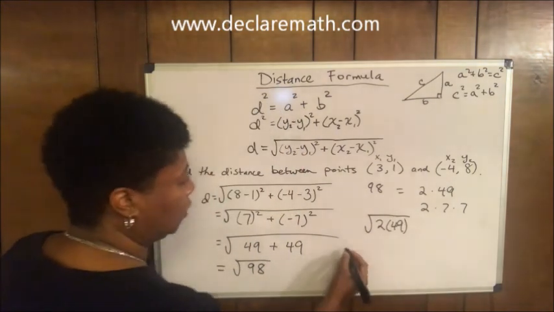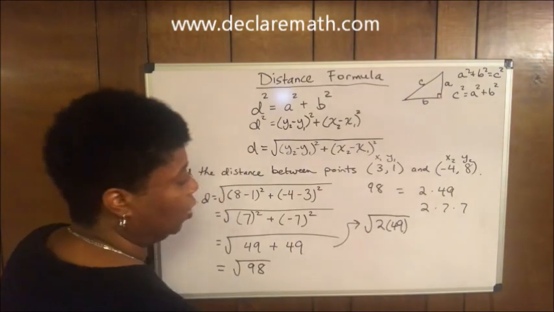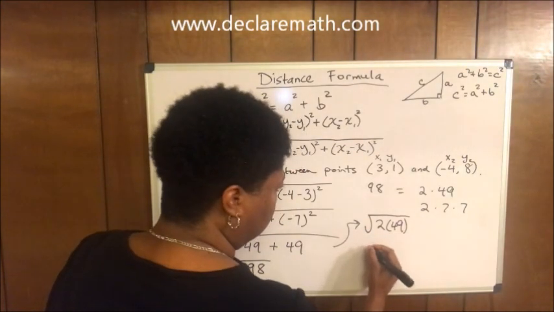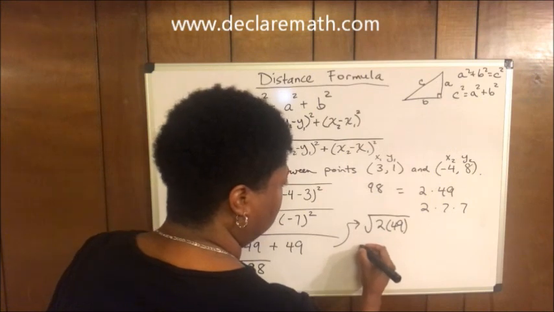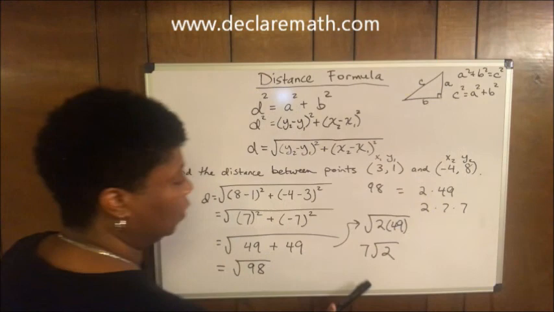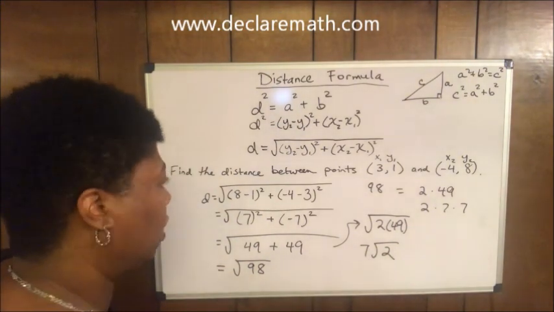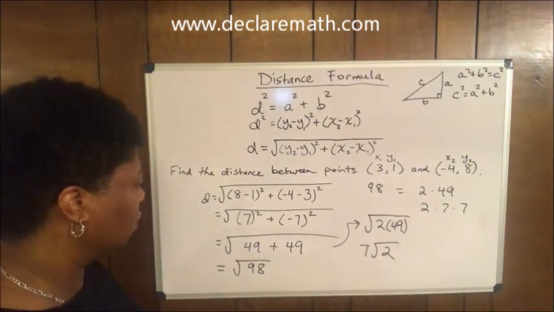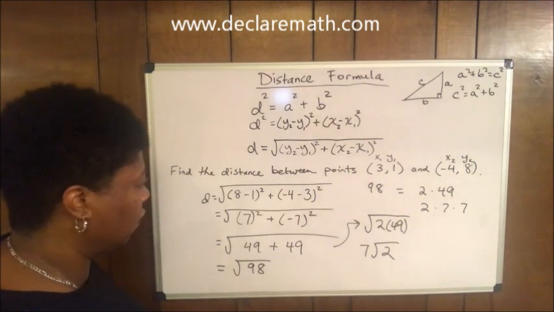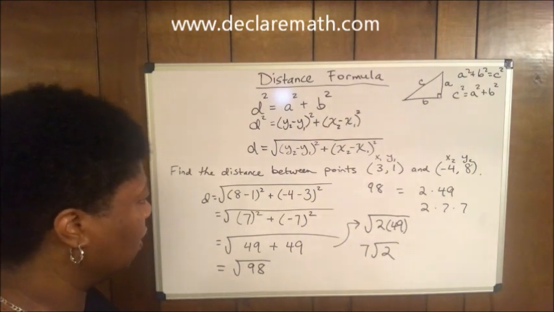Okay, is what I should have done. And when we do that, we can take the square root of 49, which is 7. So it should be 7 times the square root of 2, that should give the square root of 98, if I'm not lying.